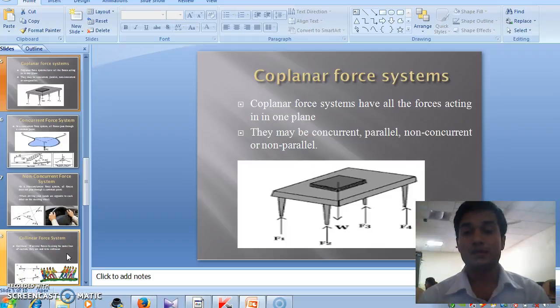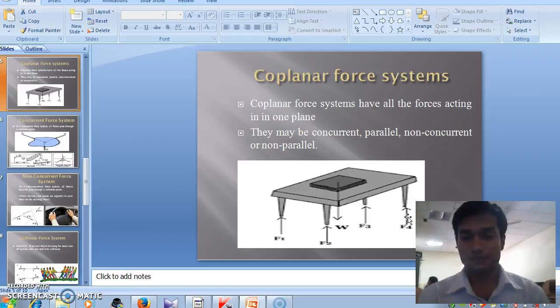If we consider this overall body, and this body is subjected to some weight applied on it, this weight will be transferred to the ground through its connected members that are connected with the ground. So if you consider, the load W is being transferred through F1, F2, F3 and F4.